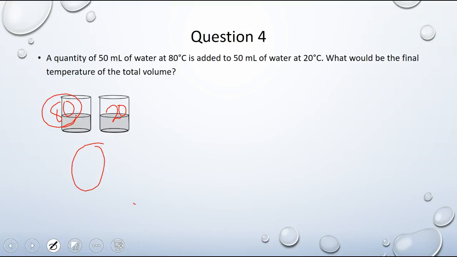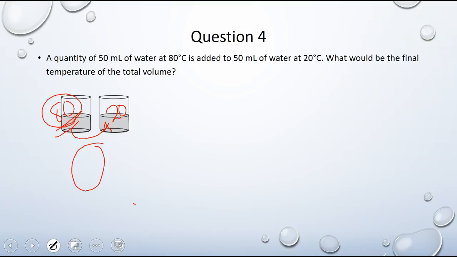So there's going to be a transfer of energy here. What do we know about energy and its transfer? Because we know a law. Yeah, the law of conservation of energy says that energy can't be created or destroyed. So we know that the energy in the 80-degree water is going to transfer to the 20-degree water.